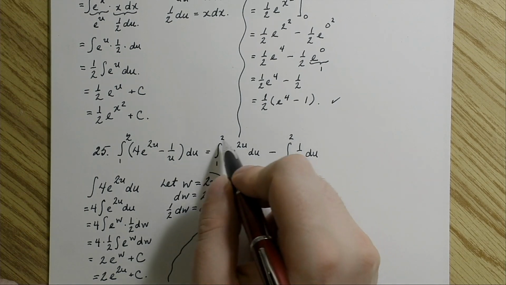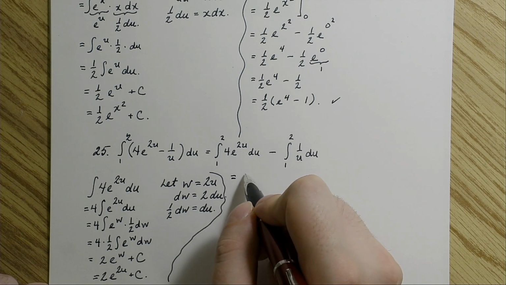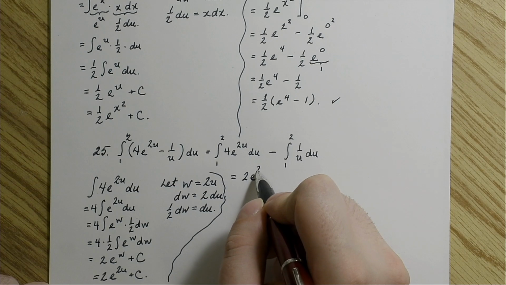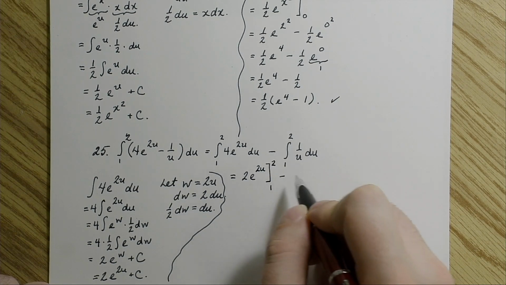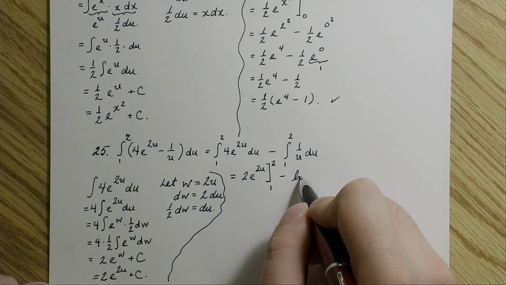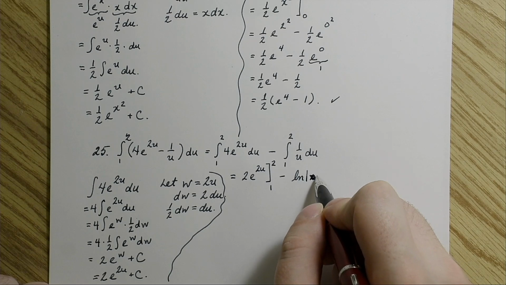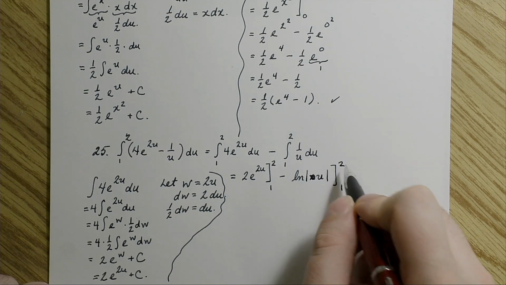So the antiderivative of 4e to the 2u is 2e to the 2u from 1 to 2 minus ln of, well, it's not x, it's u, from 1 to 2.